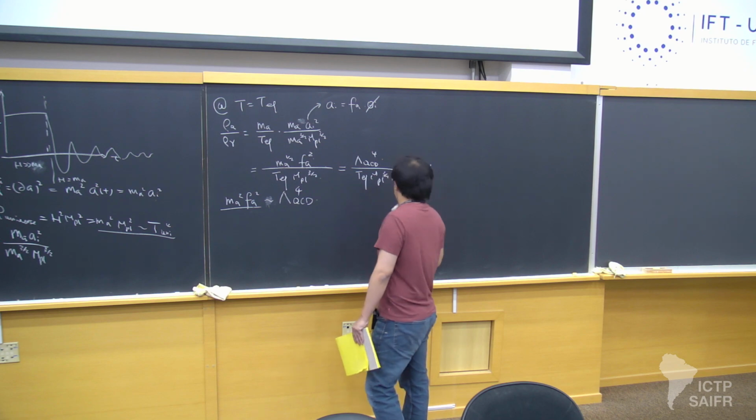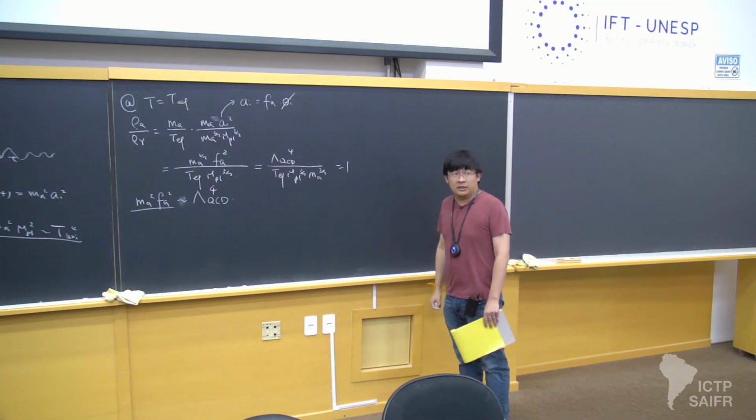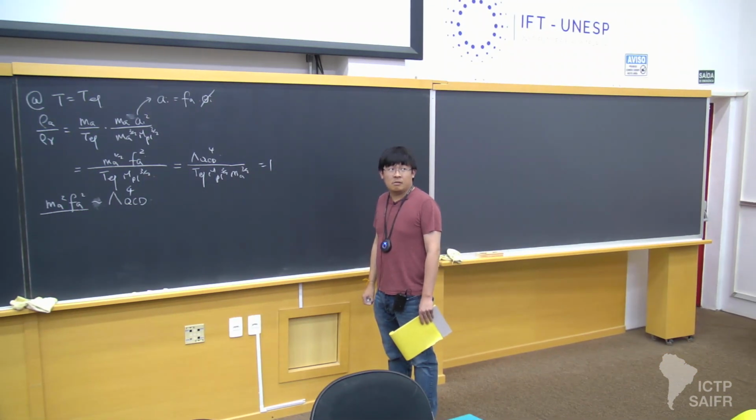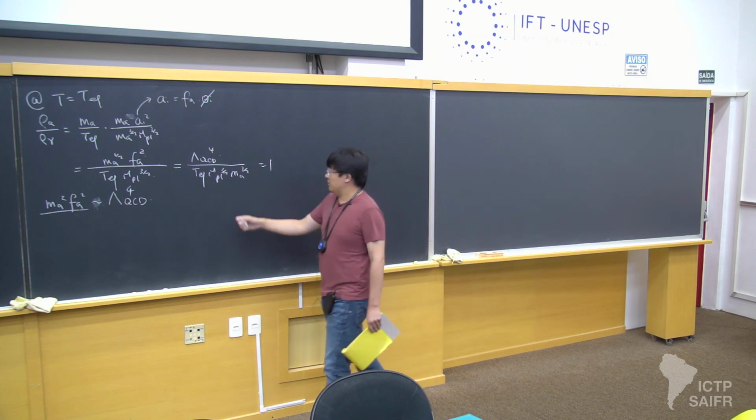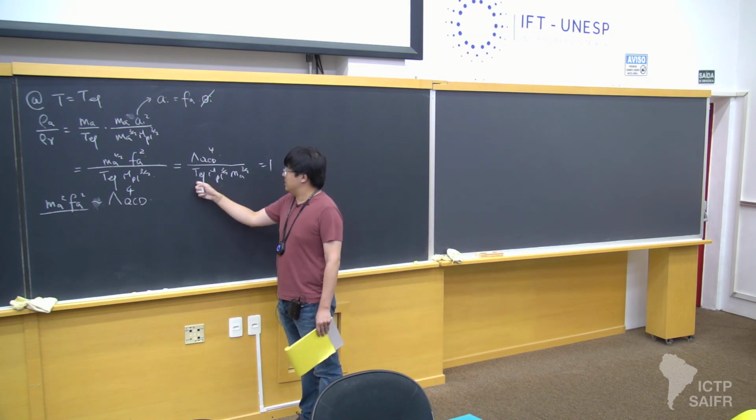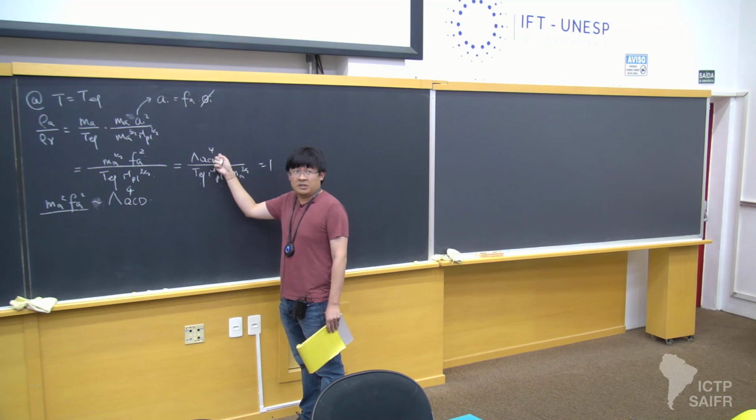And that has to be equal to 1, right? Good. So I know what this number is, I know what this number is, I know what this number is. It tells me what axion mass will give me dark matter. Okay?